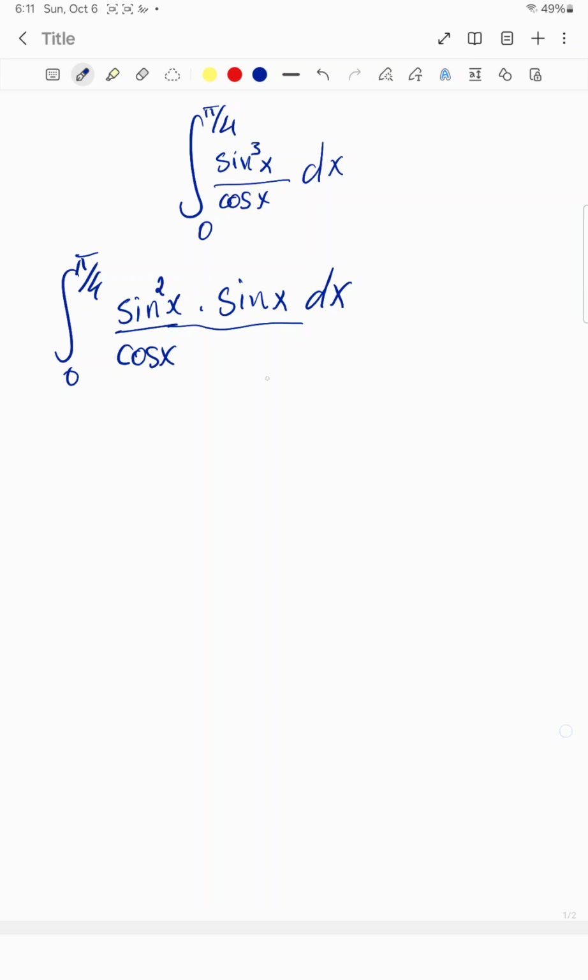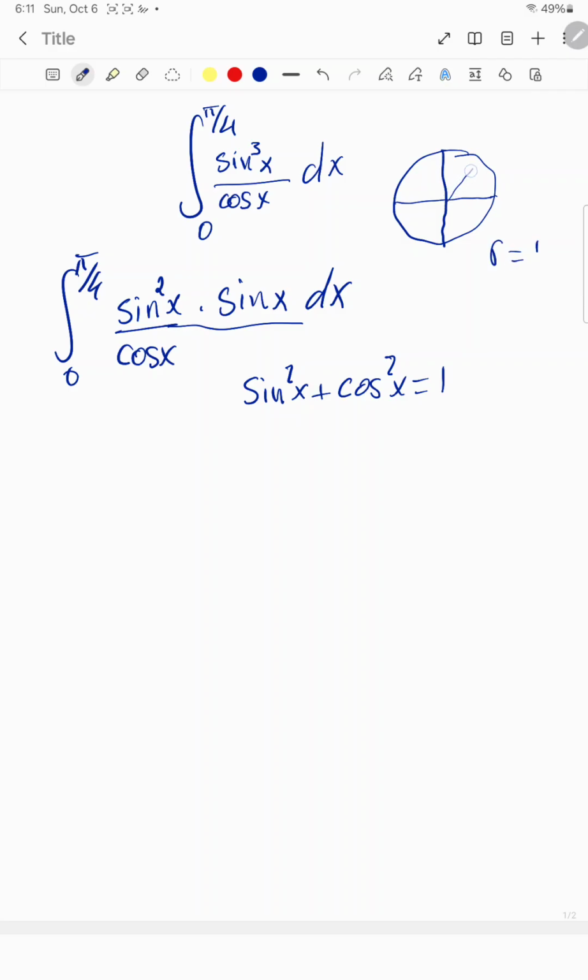But I know there is a trigonometric identity formula that says sine to the power of 2x plus cosine to the power of 2x is equal to 1. And if you want to understand where this is coming from, this is a trigonometric circle, and I know the radius in a trigonometric circle is equal to 1. I know that the sine is here, and the cosine is here, and this is the radius, which is equal to 1.